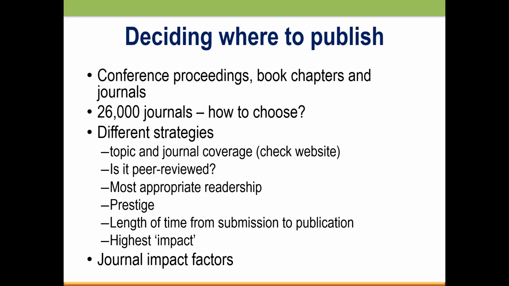You've heard about people putting up conferences, so they publish conference proceedings. You've heard about journals like the ACM, the Association for Computing Machinery, especially for us in computing, and the IEEE.